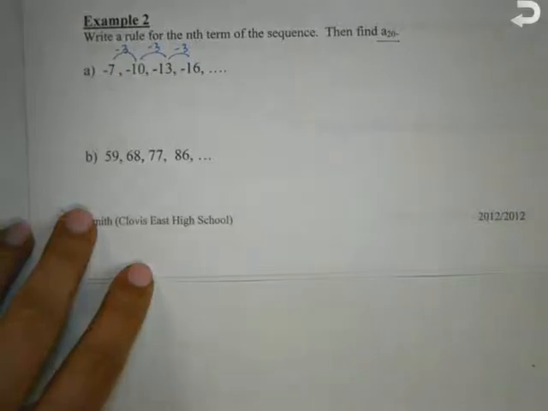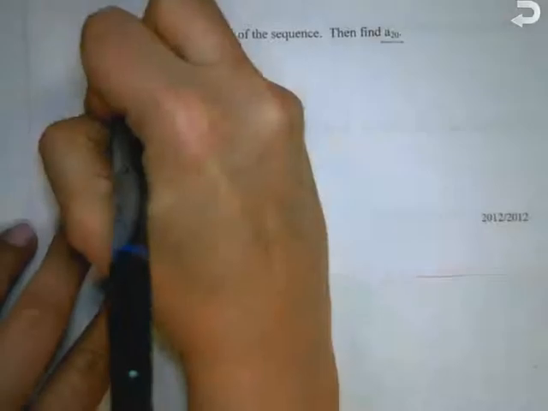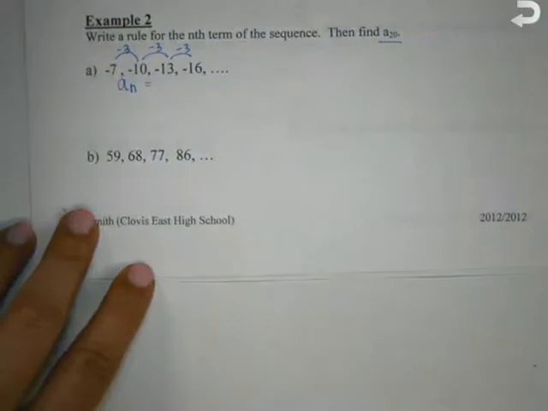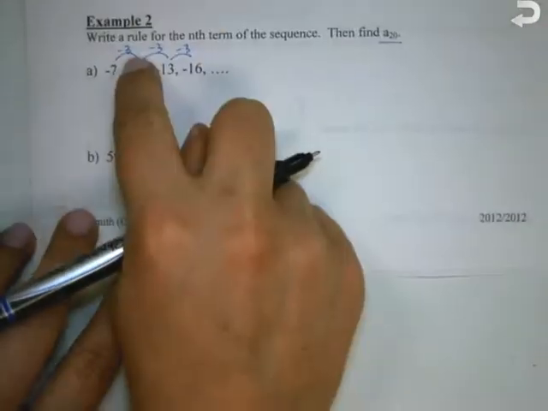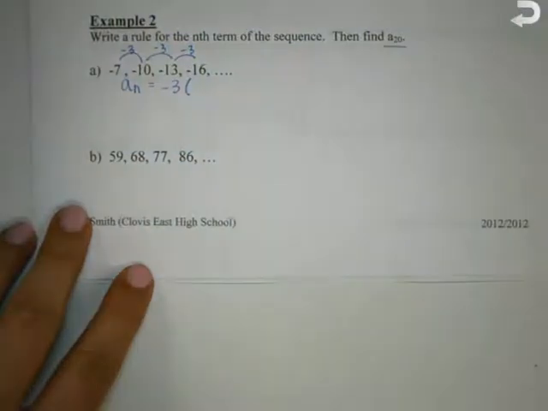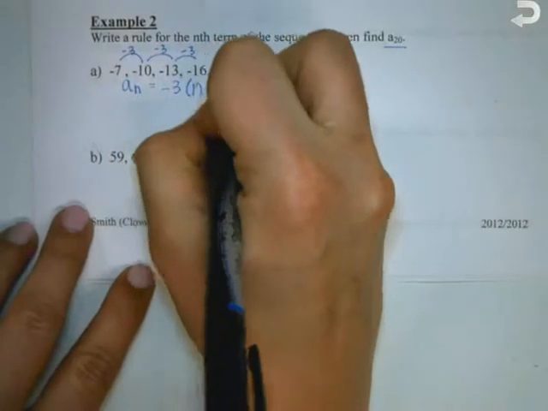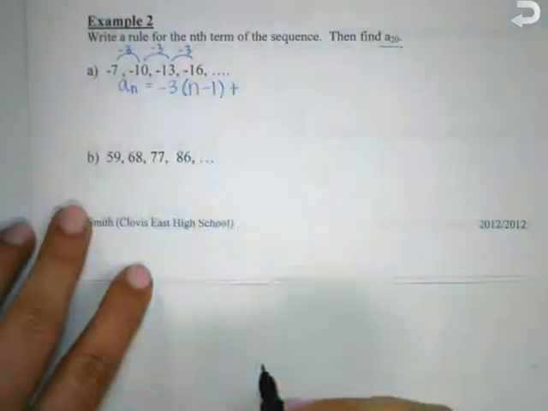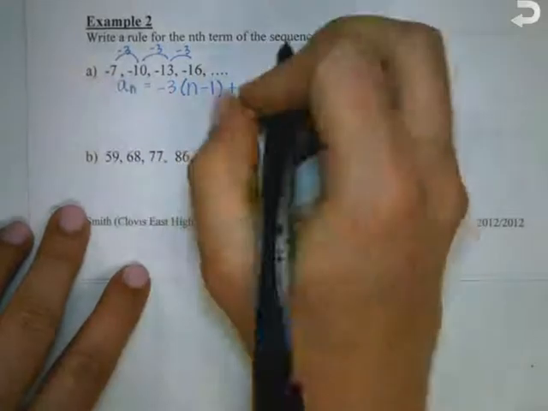So let's plug it in. A sub n equals... d is -3. That's how much we're adding each time. So -3 times n minus 1. We don't know what n is yet. Plus A sub 1, that very first term, which is -7. So plus -7.